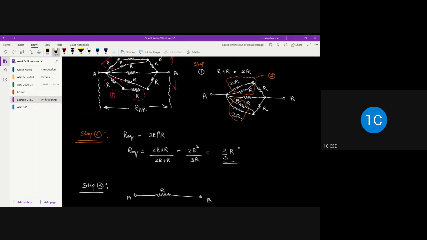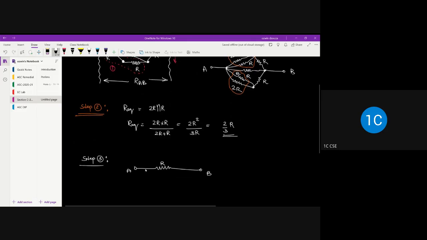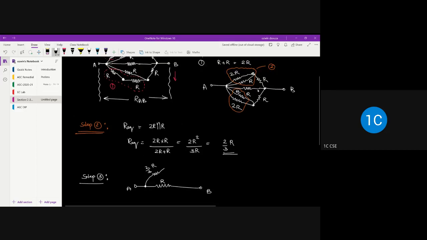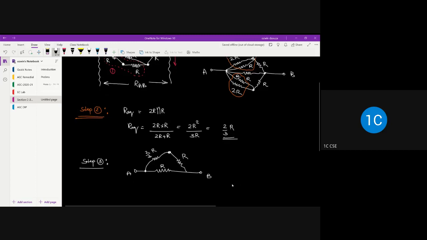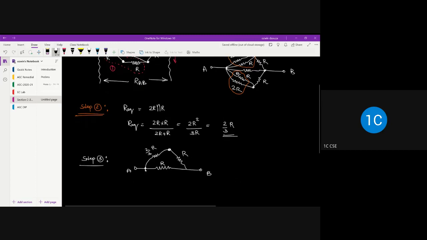It is 2 by 3 R, and the remaining resistance, which is R. The same case holds good in the bottom half of the circuitry, because the circuit is symmetrical.